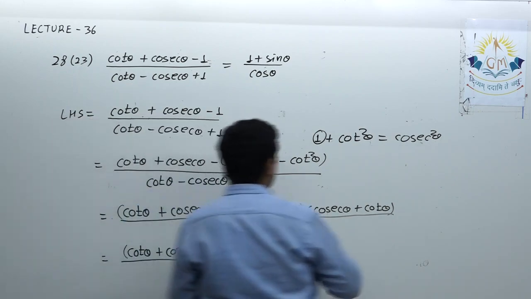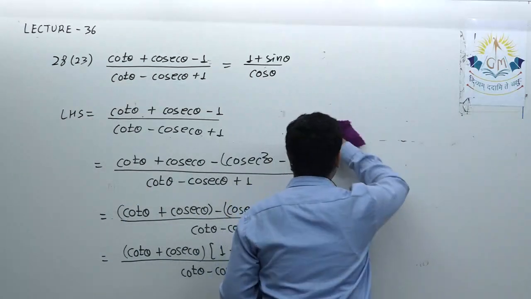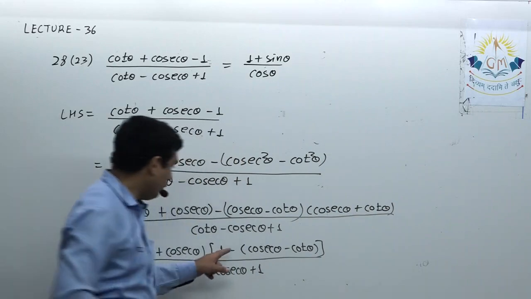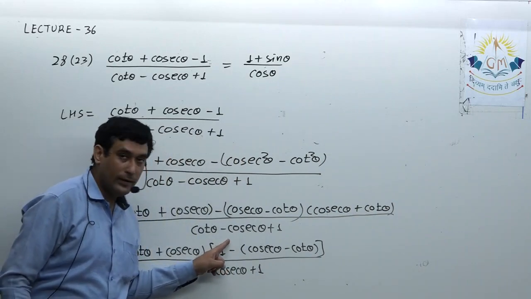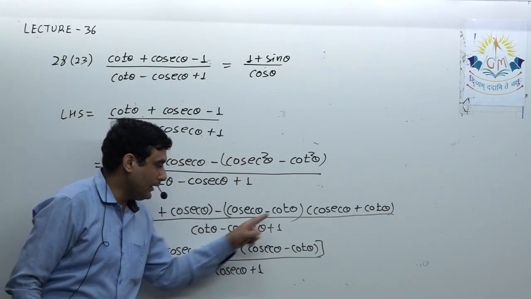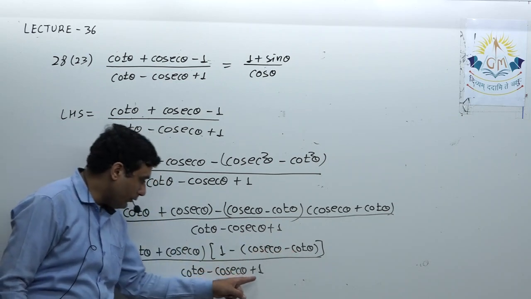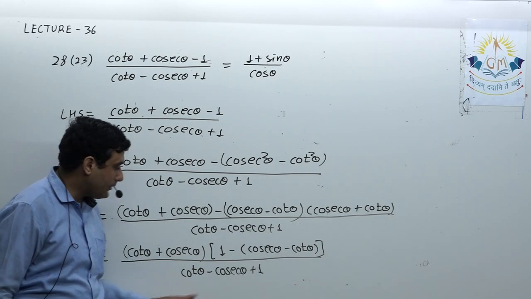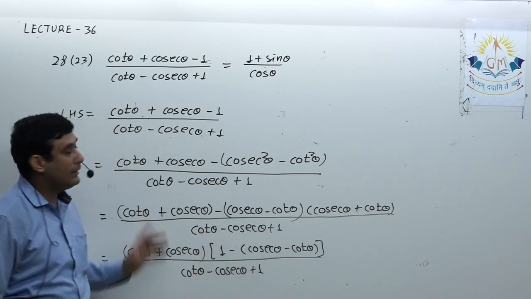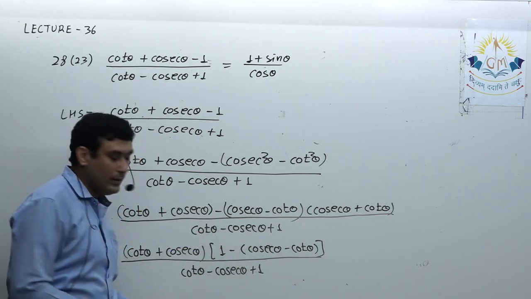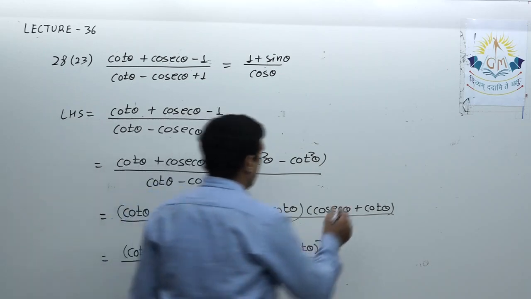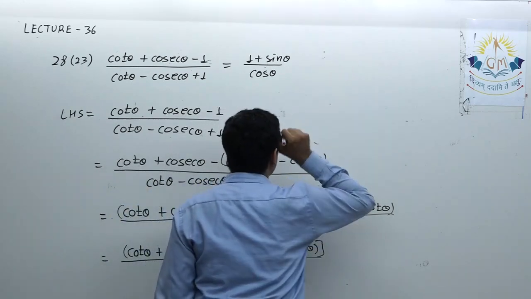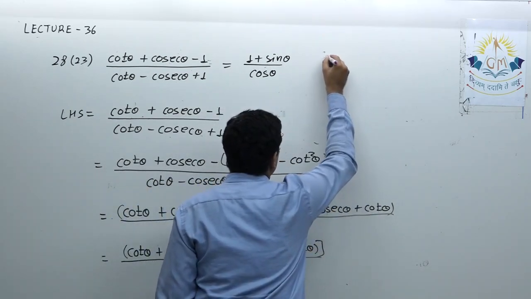Now if you observe, when you open the bracket, here you get 1 minus cosec theta plus cot theta, and here also we have 1 minus cosec theta plus cot theta. So these two will cancel out, and I will be left with only cot theta plus cosec theta. But let me solve it further here.